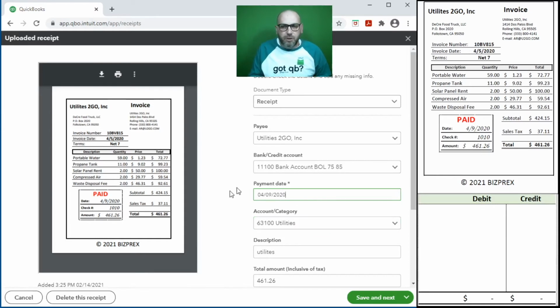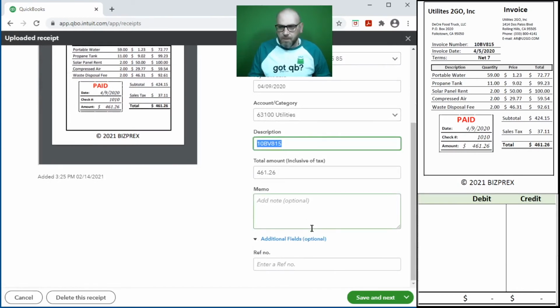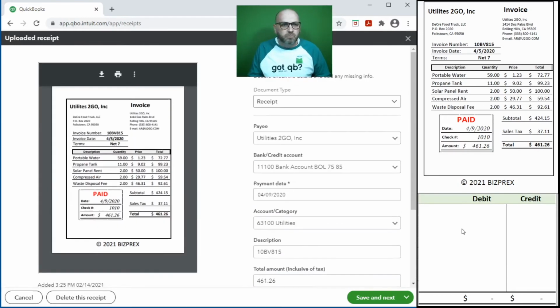Bookkeepers and accountants, we have to make sure that debits and credits are correct. All right. That's a check. My apologies. Let's make sure we enter it.